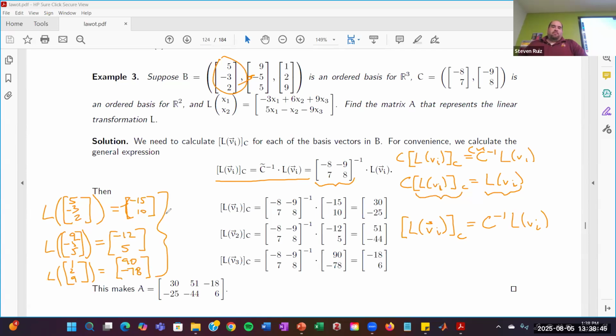So we essentially just built this thing here, LVI. So with respect to the standard basis, the matrix I get should be what happens when I stitch all those together. So negative 15, 10, negative 12, 5, 90, negative 78.